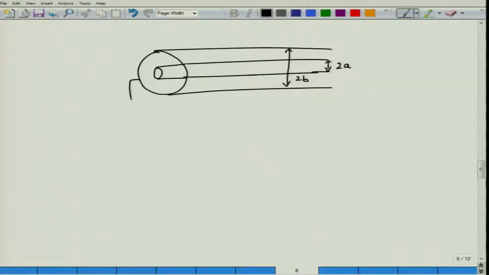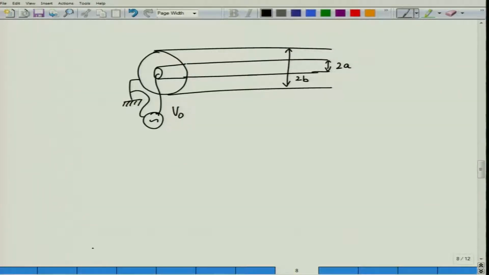Usually you connect the outer conductor to ground and the inner conductor to a voltage source, so that the inner conductor is at a higher, constant potential. We will again consider that the inner conductor is at a potential of V0.